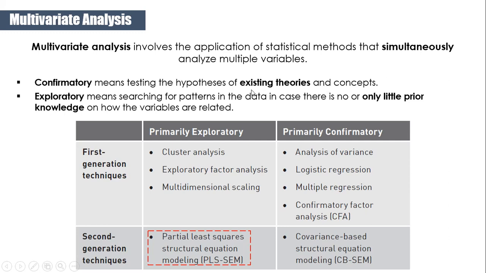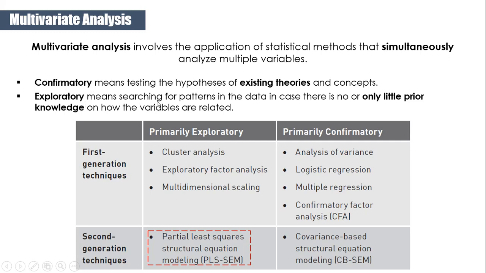Say, for example, some researchers have developed a theory, such as the theory of planned behavior proposed many years ago. If we want to confirm that particular theory in a particular context, it will be denoted as confirmatory analysis.